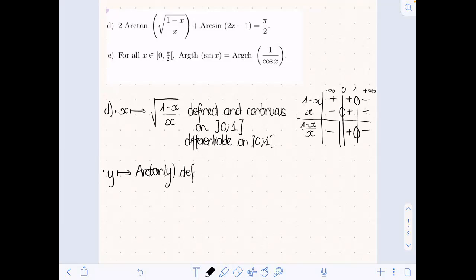So you get a function that's defined, continuous, differentiable on R. Okay, so if we take a look at the first part of the function, if you put these two lots of reasoning together, where is this defined, continuous, differentiable?